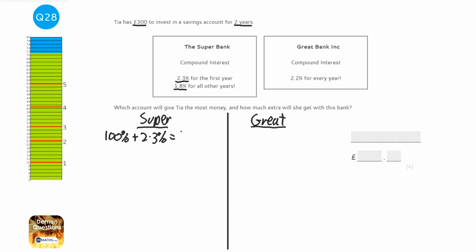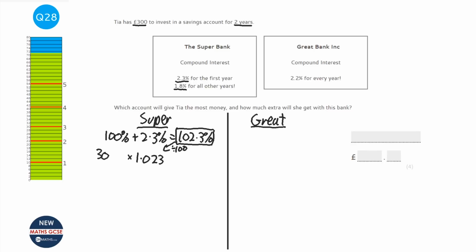So that means we'll have 102.3%. As a multiplier, we just divide that percentage by 100 to get it as a decimal, into what we call a multiplier, 1.023.